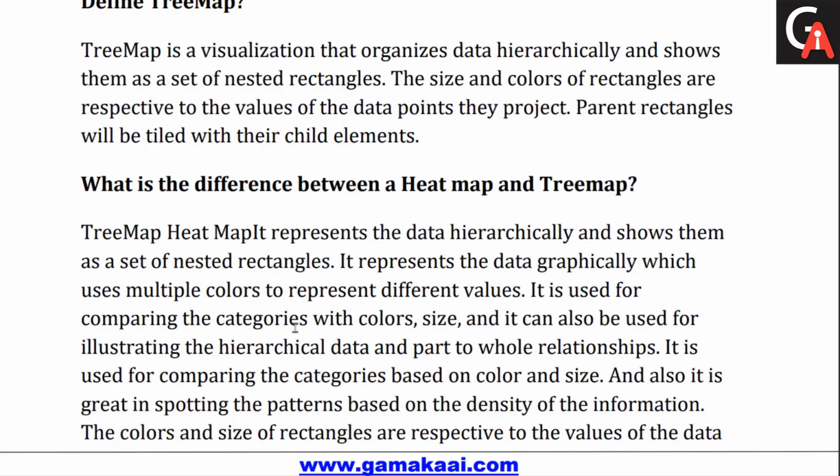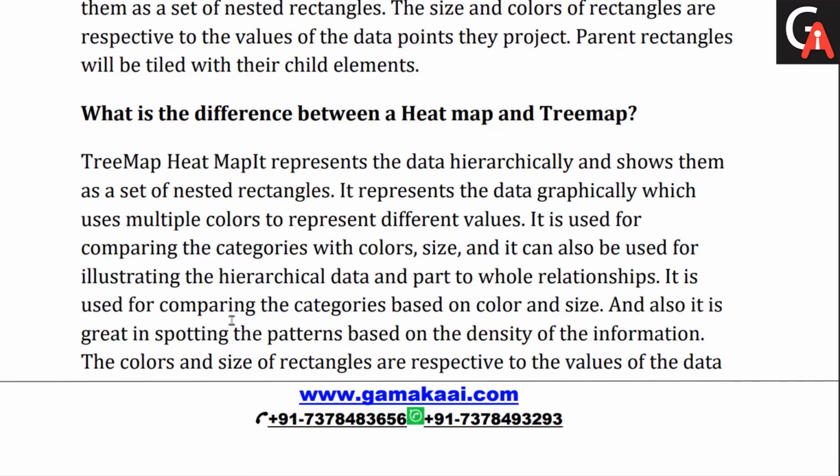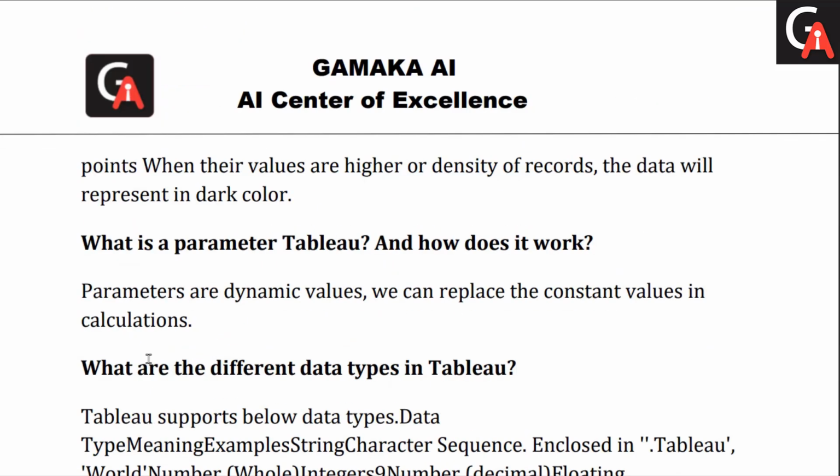A heat map is used for comparing the categories with color and size, and it can also be used for illustrating hierarchical data and part to whole relationships. A tree map is used for comparing the categories based on the color and size, and it is also great in spotting the parent based on the density of the information. The color and size of rectangles are representative of the values of the data.